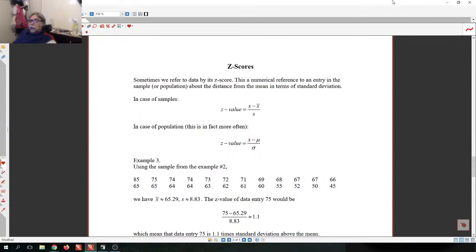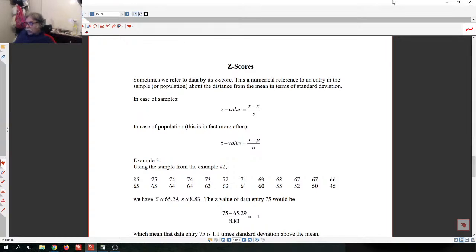If you're 3 inches below the mean, if your height is 66 inches, so the average height is 69, I said 69, could be something else, then 66 would be 3 inches below. So the z-value of that height is -1, because it's 1 standard deviation below the mean. Okay?